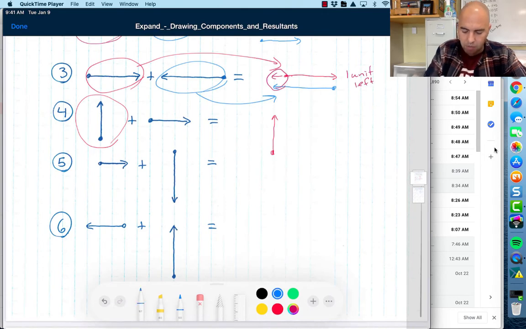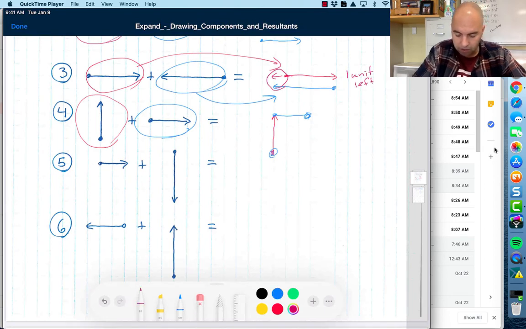My second component is 3 to the right. So tip to tail, I'm going to go 3 to the right, 1, 2, 3. So if I start down here, end up down here, my resultant is going to be this one.